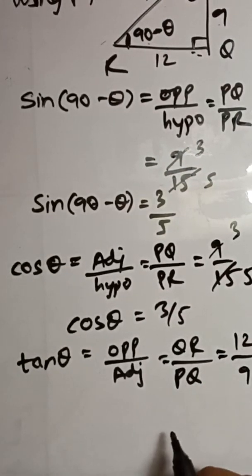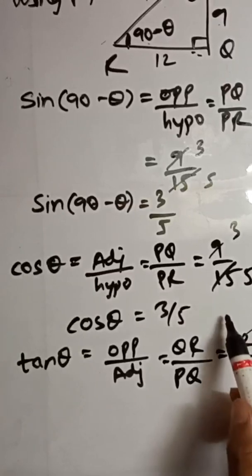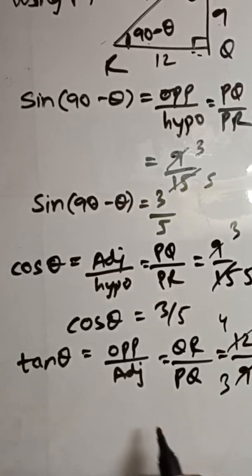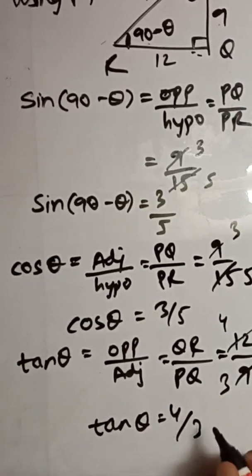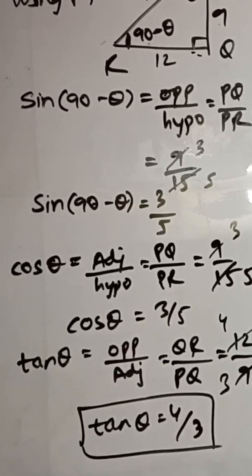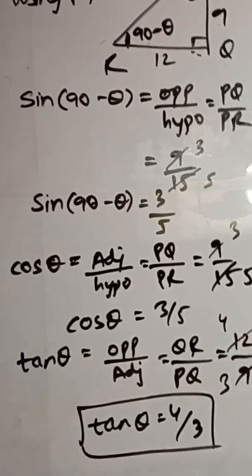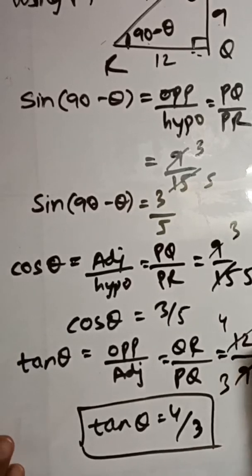Value of PQ is 9. So 3 4s are 12, 3 3s are 9. You will get the value of tan theta as 4 upon 3. Okay. Next sum.